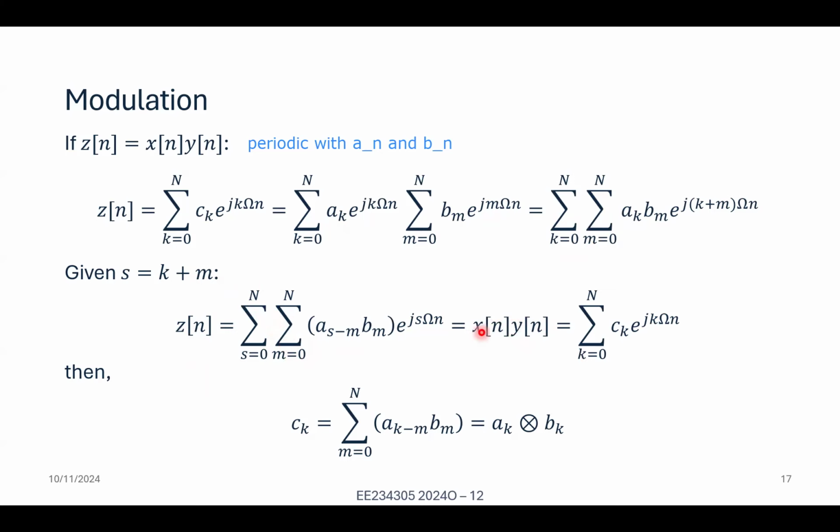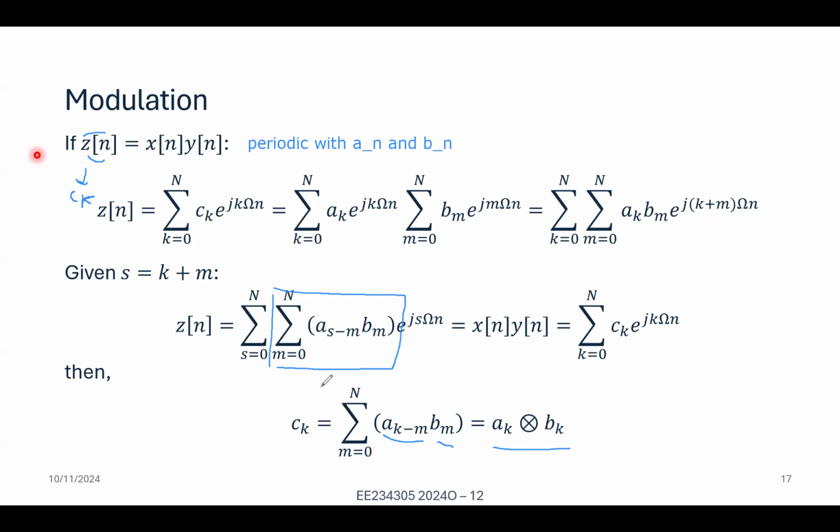And with xn and yn, we have ck for the signal zn. So ck is actually the sum of ak minus m bm, which is considered the periodic convolution of ak and bk.